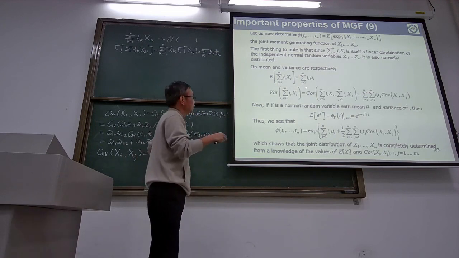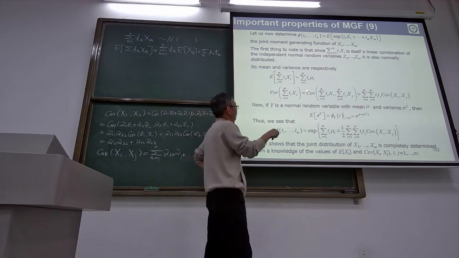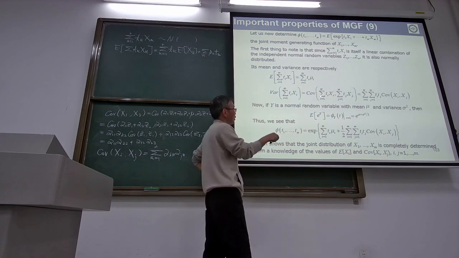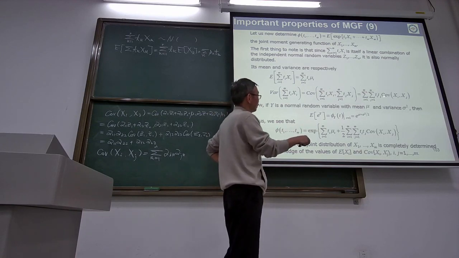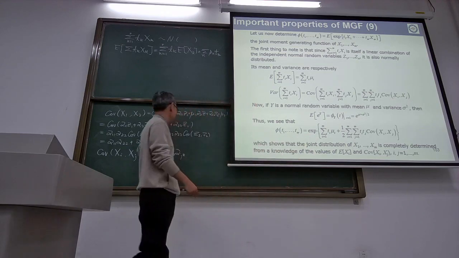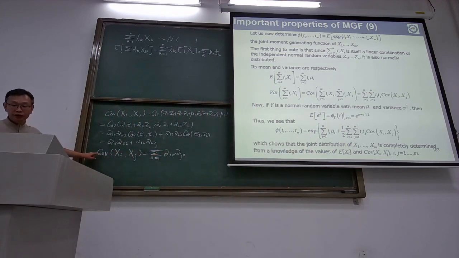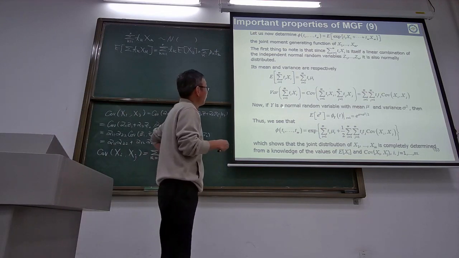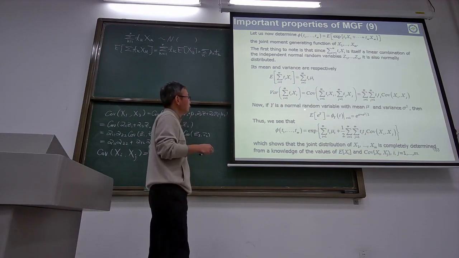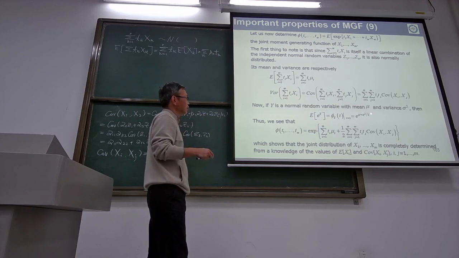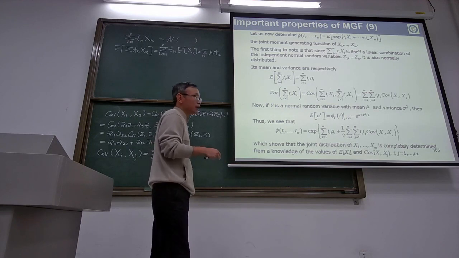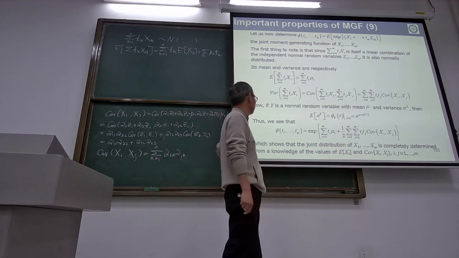For the general case, the covariance can be obtained by the linear property of covariance. So this gives this one, the covariance of i and j. Here we just find the covariance. So if x is a normal random variable with mean mu and variance sigma square, then this is just the moment generating function of y.